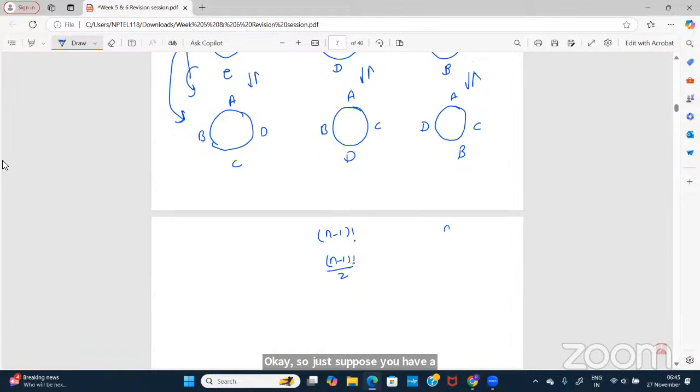Just suppose you have a necklace or bracelet. Suppose this is your A and this is your B. You have just flipped it. So B will come here and A will come here. Sorry, A will come here and B will come here. Let me draw it clearly.